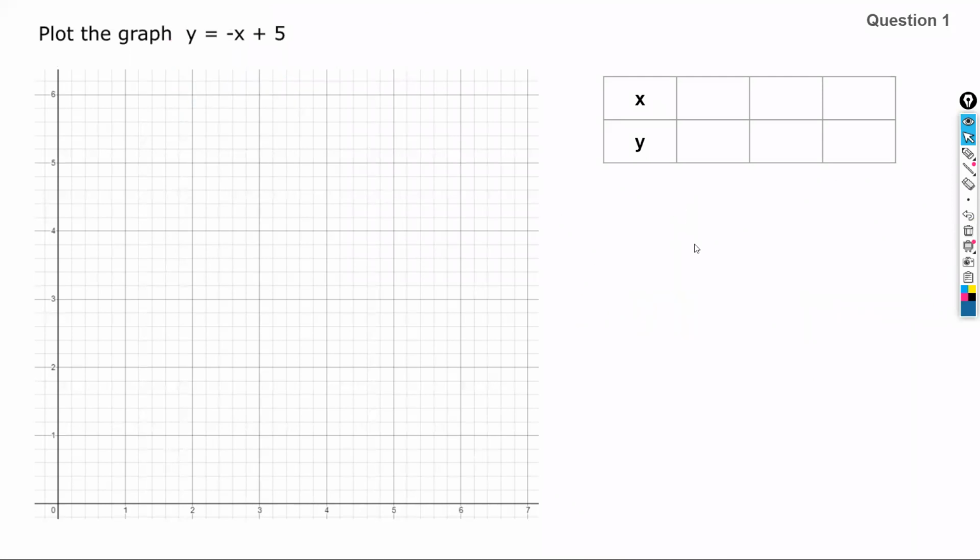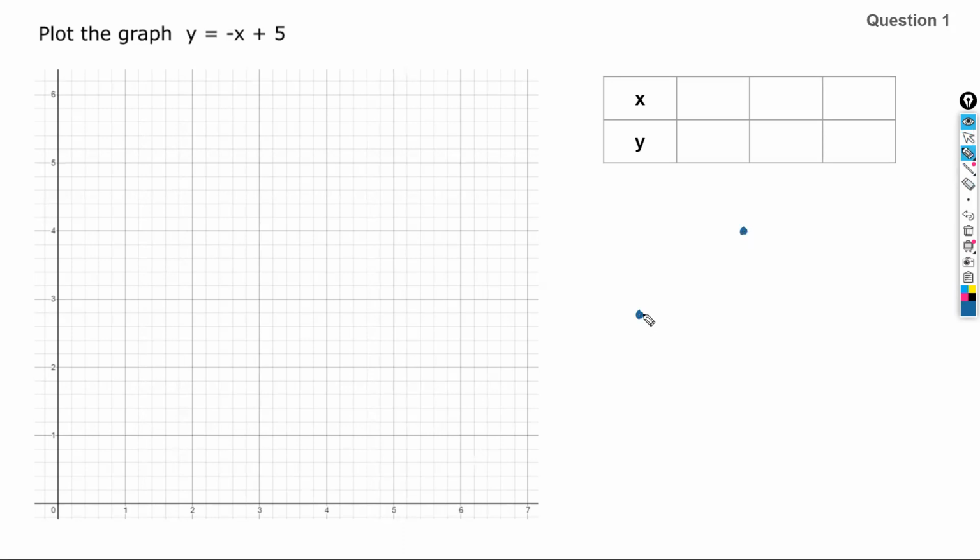Now, here's the thing. When you're drawing a straight line, you only need to draw 2 or 3 points on the graph. Why am I using the word or? Because the truth is, to draw a straight line, you only need 2 points.